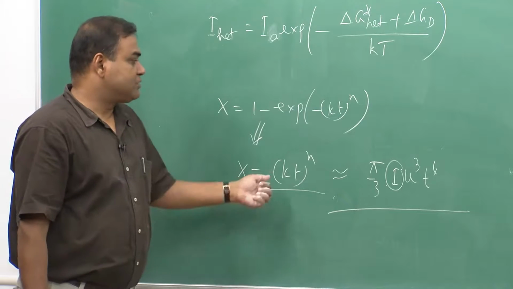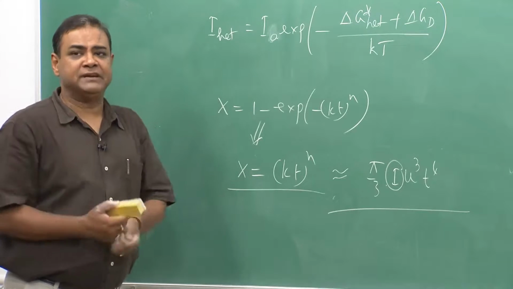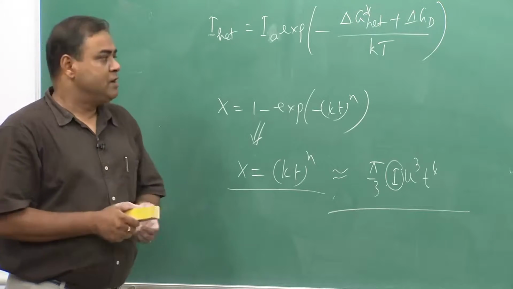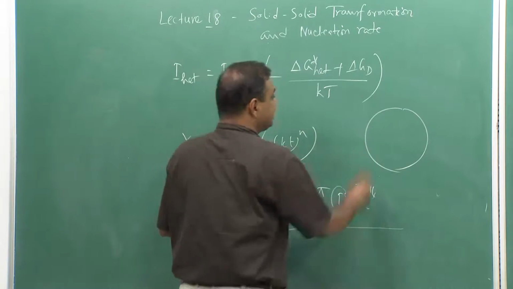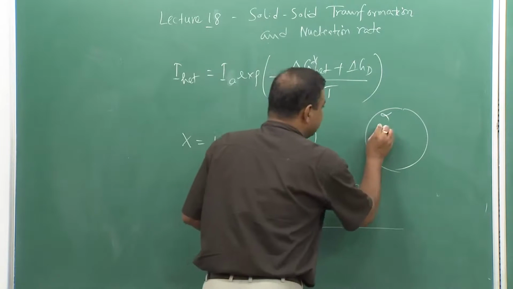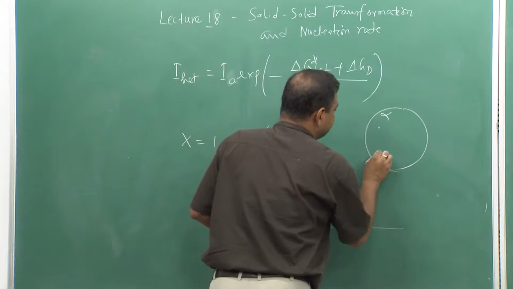Okay, and that is where we do not have any impingement effect between the phases. For example, let us say this is the volume where phase transformation is taking place, this is alpha, and let us say the beta is appearing like this.